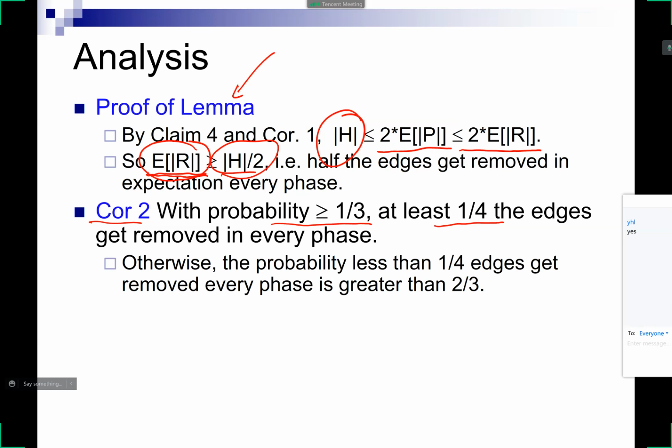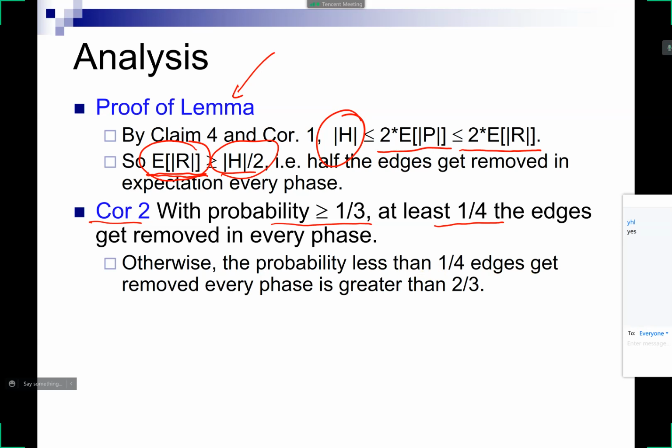And this is true because otherwise, if the corollary is false, then the probability that you take out less than 1/4 of the edges is going to be more than 2/3.